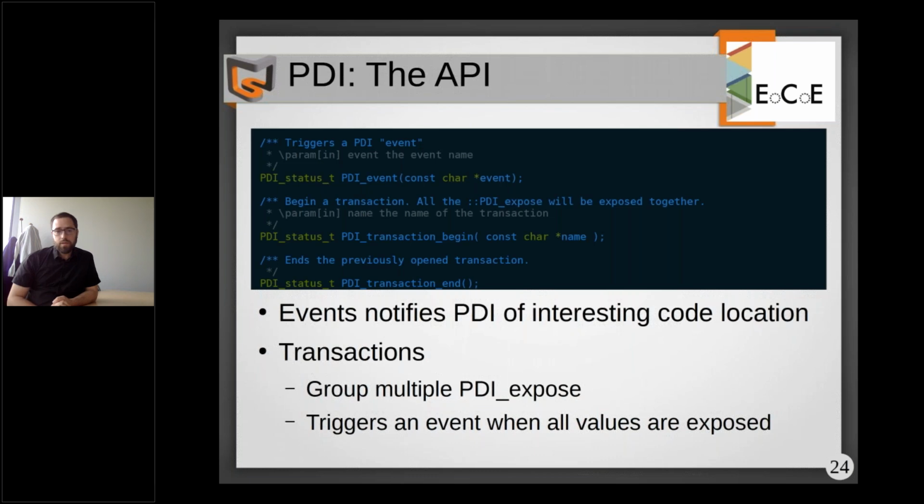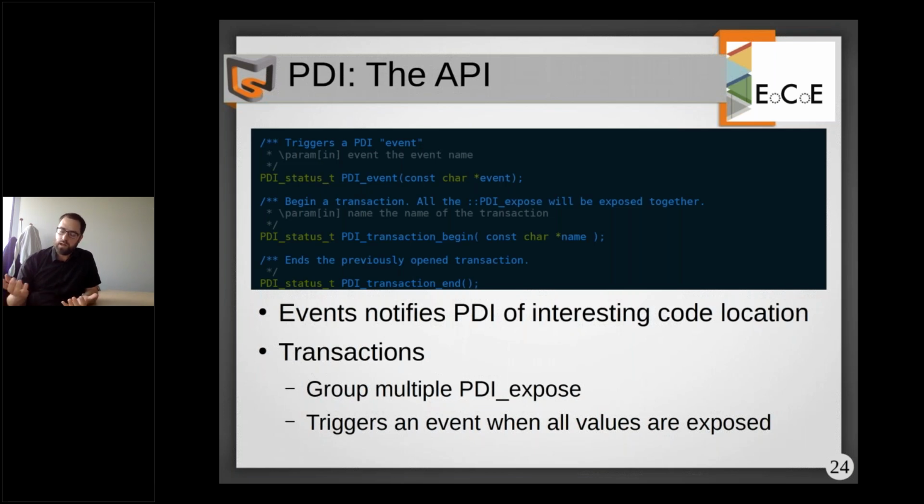And a second thing is the transactions. The idea of a transaction is to group multiple PDI expose together, because sometimes the plugins will want to use different buffers together. So maybe a post-processing plugin will want to compute the sum of two arrays, let's say.